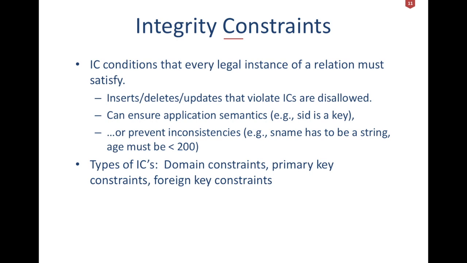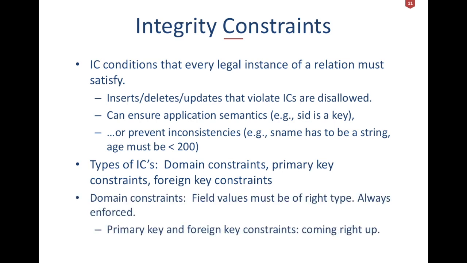We have different types of integrity constraints. We have the domain constraints, which are the data type, the primary key constraint, the foreign key constraint, and we also have general constraints. So always the field values must be of the right types.